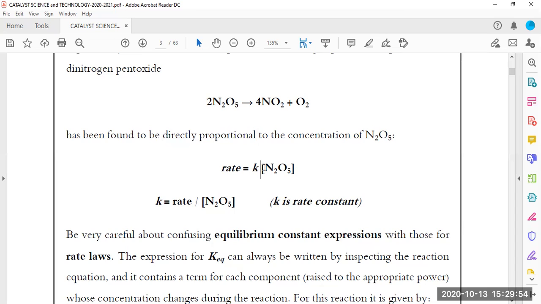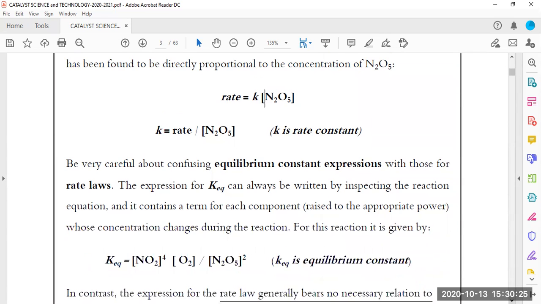Remember this symbol, this type of bracket. Notice that we use this in chemistry to mean a concentration. Usually that concentration is in mole per decimeter cube.